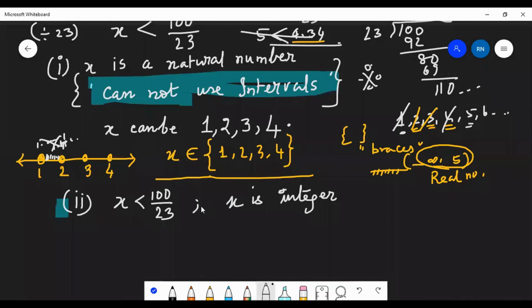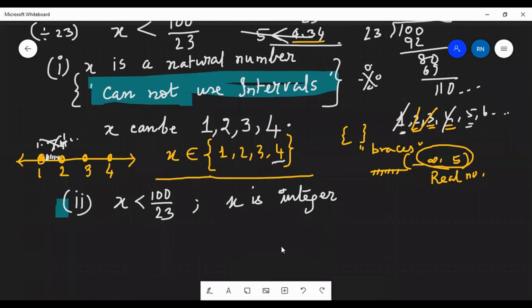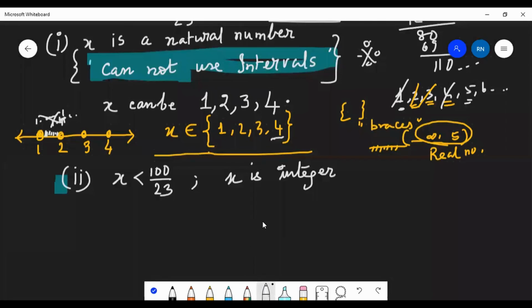Yes. The highest number you can write, just like the previous negative case, infinity to 4. Yeah, 4. 4 is the highest number. Biggest number is 4. Okay, so you start. 4 is the last integer which will satisfy the inequality x less than 4.34. So 4 will satisfy, yes. 3 satisfies, yes. 2 satisfies, yes. 1, yes.